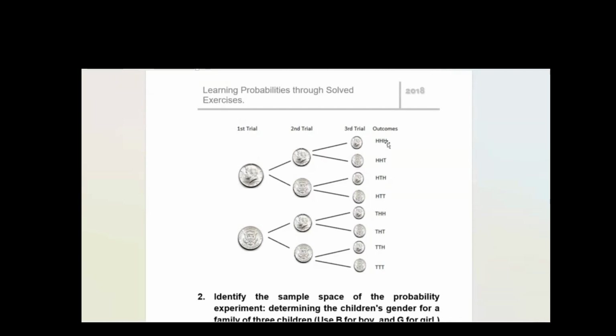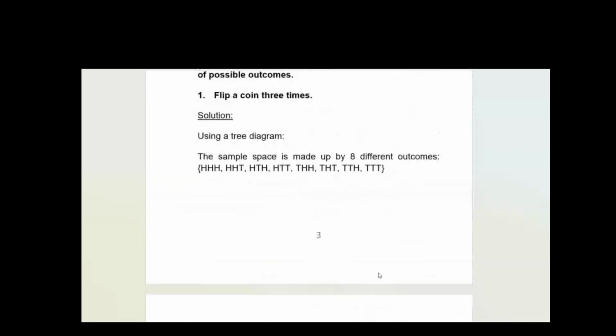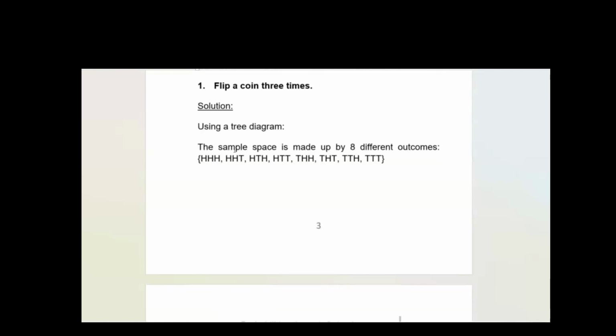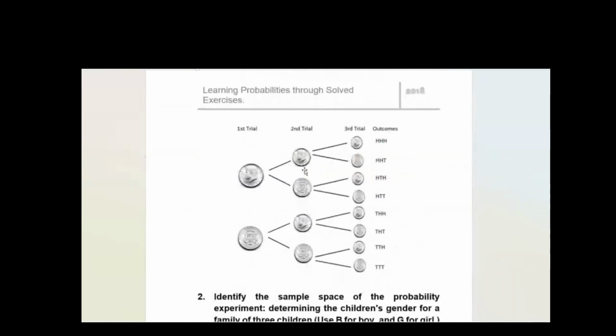So your outcomes are HHH, or HHT, or HTH, or HTT, or THH, or THT, or TTH, or TTT. So when you see your sample space, you have 8 different outcomes that you obtain from the tree diagram that we constructed in this part.